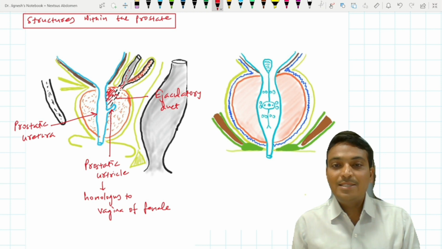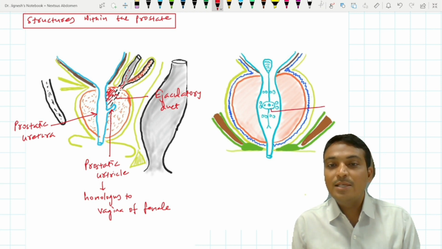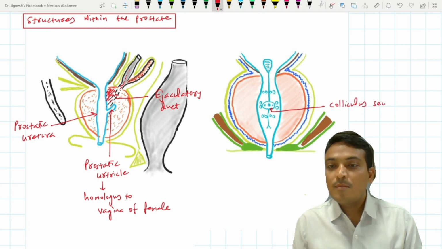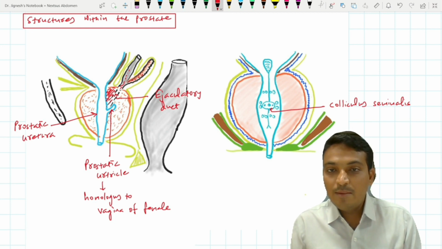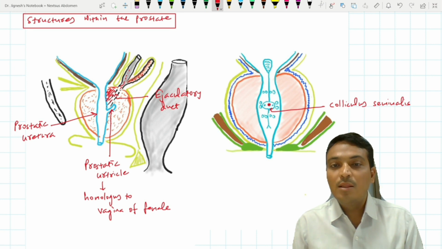So for that, let's see this coronal section. Within this coronal section, this dilatation is called the colliculus seminalis. Within it, we have three openings, and out of them, the center one is the opening for the prostatic utricle, and on each side, we find the opening of the ejaculatory ducts.